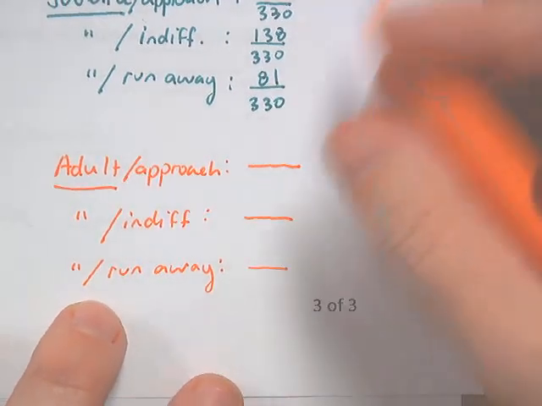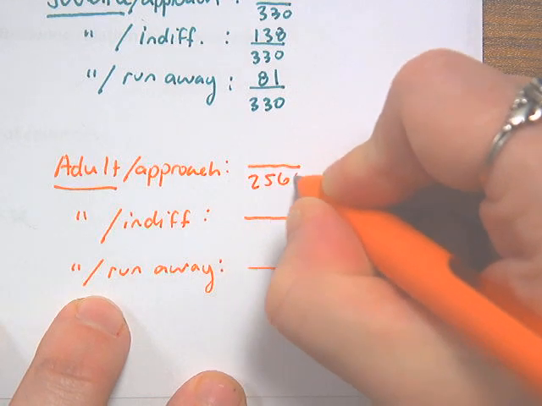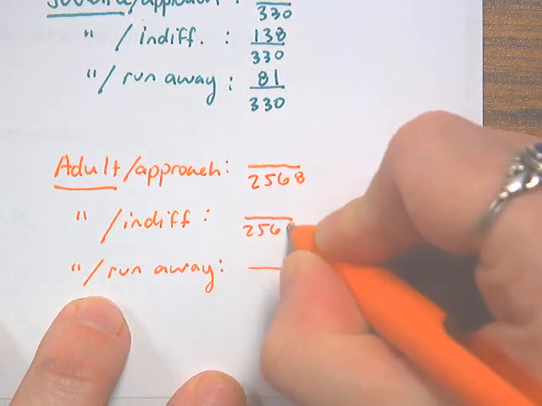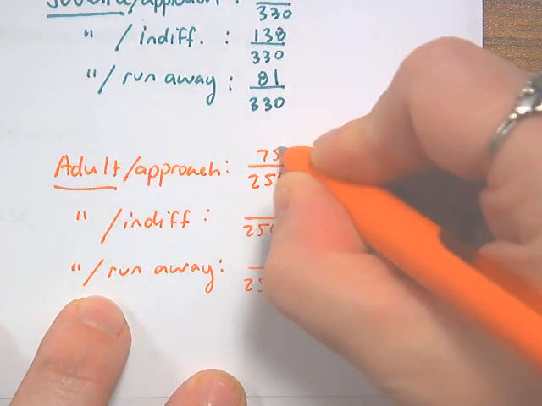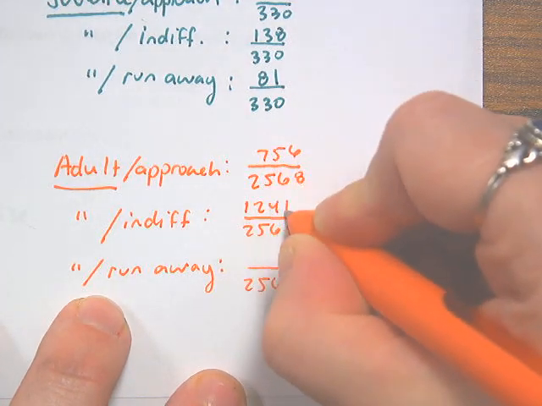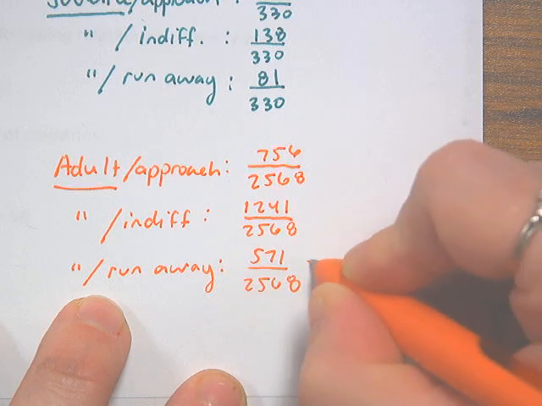And I'm going to do the same thing. Holy cow, there are a lot more adults. 2,568 of those. 756, 1,241, 571.